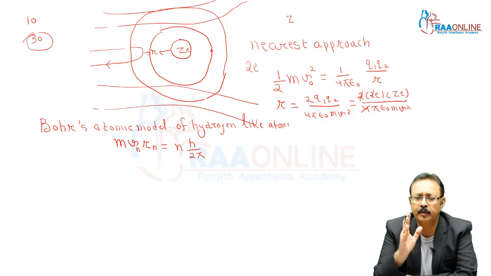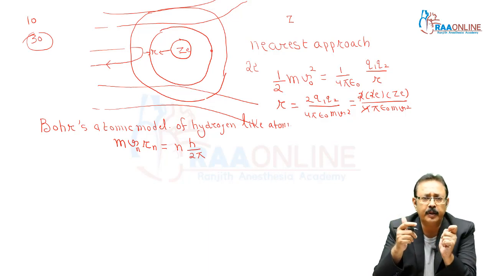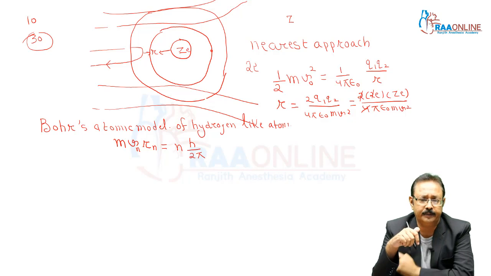Means angular momentum, since n is the quantum number, for the first orbit the principal quantum number is 1, for the second orbit n is 2, so n is an integer. So we can say that angular momentum is always an integral multiple of h upon 2 pi.